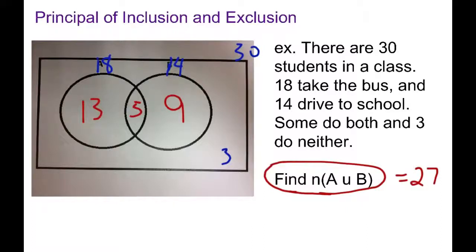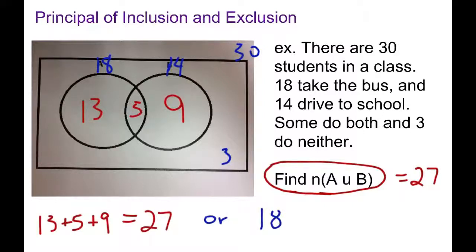So if we count up all of the circles, 13 plus 5 plus 9 equals 27, right? 13 plus 5 is 18, plus 9 is 27, so that's good. Or the other way that we did it is 18 plus 14, that gave us 32.